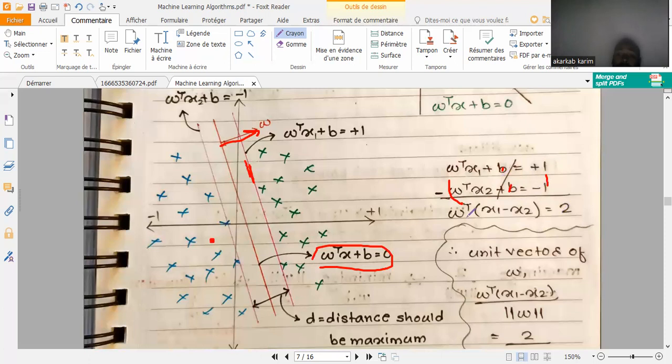So we have W transpose (x1 minus x2) is equal to 2.